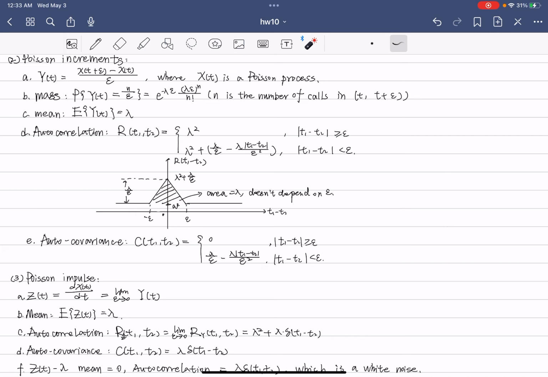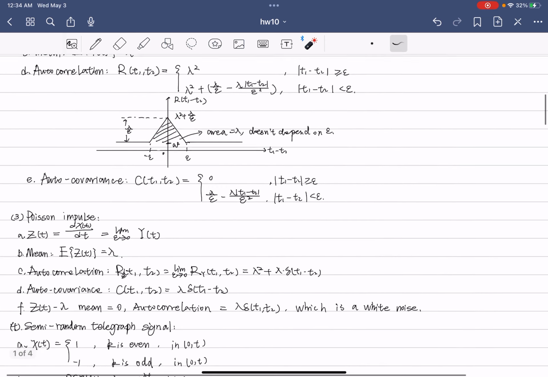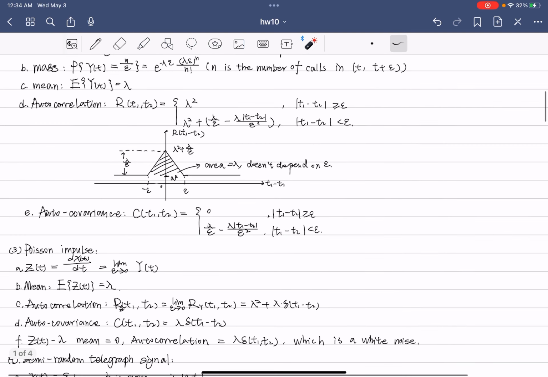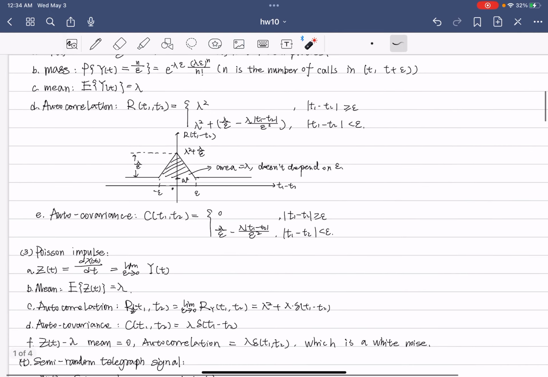It doesn't depend on epsilon, so when epsilon goes to 0, this area will be an impulse. The autocovariance is 0 when the difference is larger than epsilon, and otherwise lambda divided by epsilon, minus lambda times the absolute value of t1 minus t2, divided by epsilon squared.